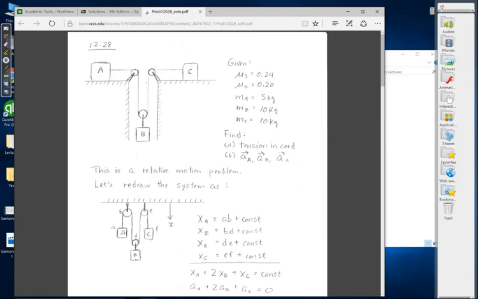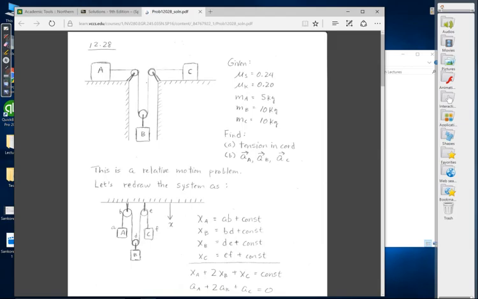Anytime you have three objects that are going to move kind of in their own way, I know they're related somehow, but each one is going to move in its own way, in its own direction, and so on and so forth. Then you could treat each object separately, meaning each object has its own Newton's second law.